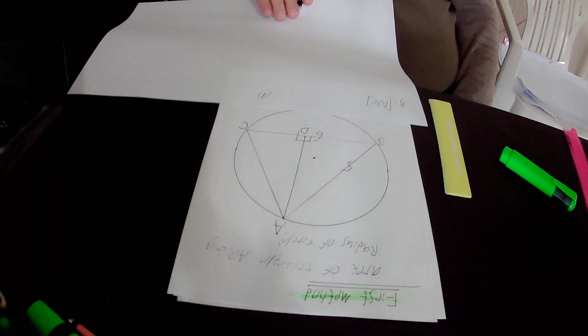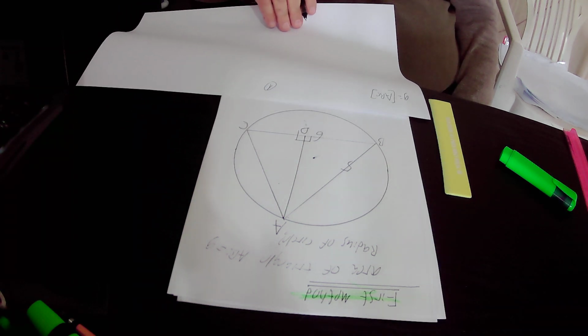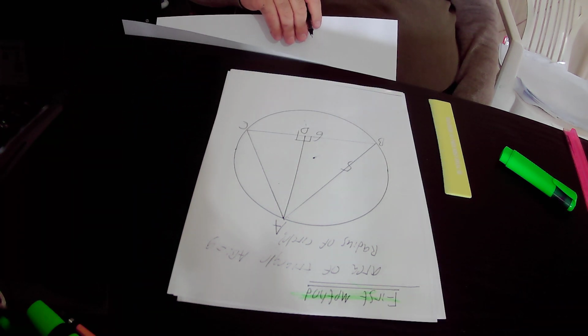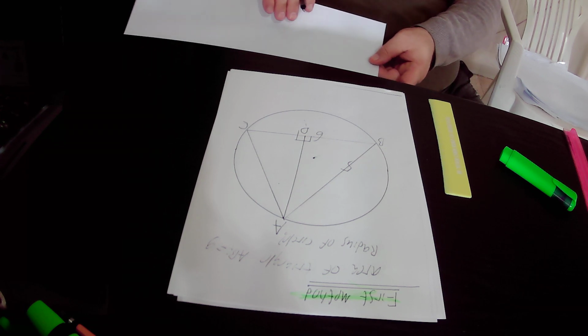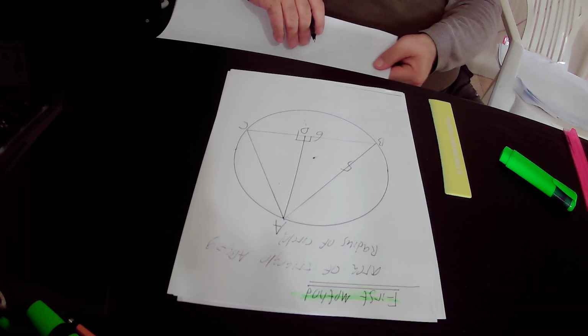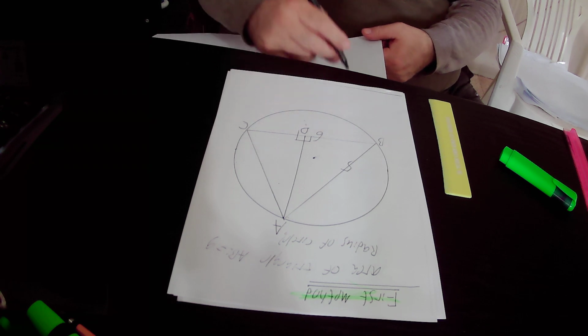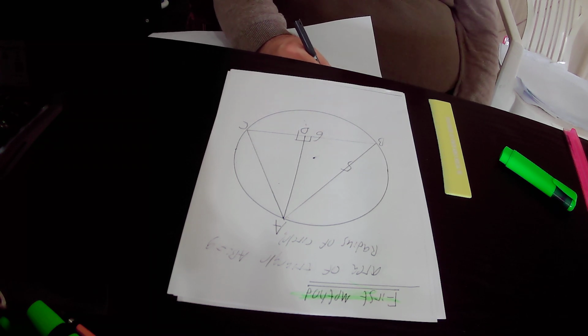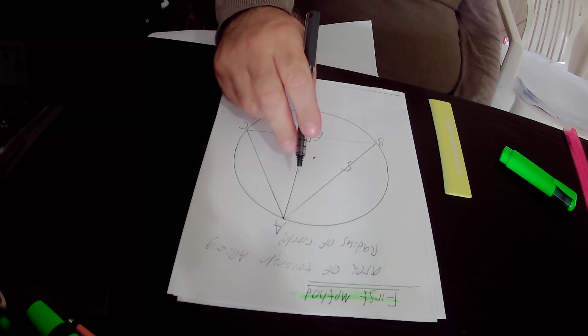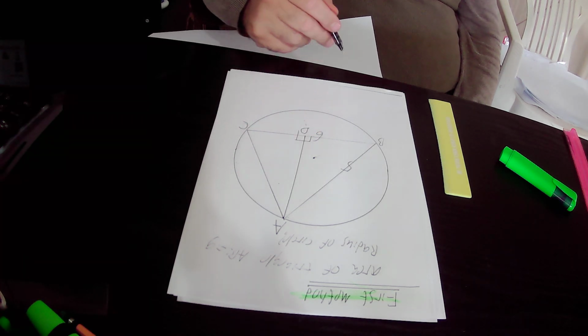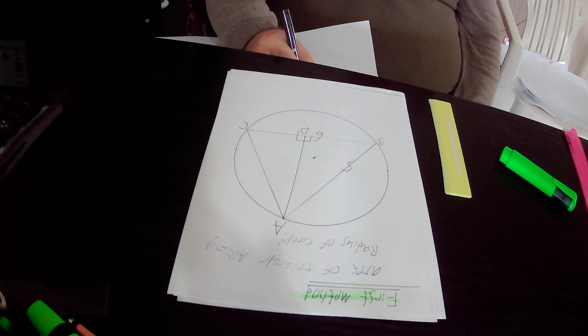but the area of any triangle is equal to the base of the triangle times the height to the base over 2. The base of triangle ABC is BC, times the height to the base, that is AD, over 2.